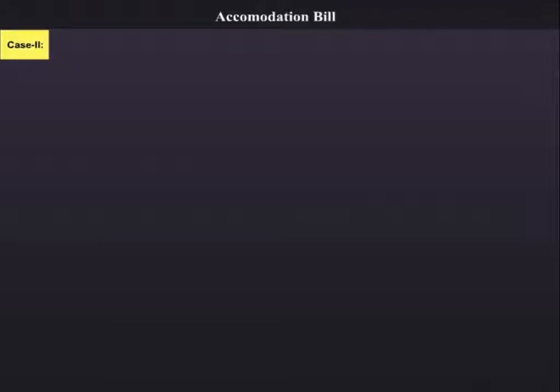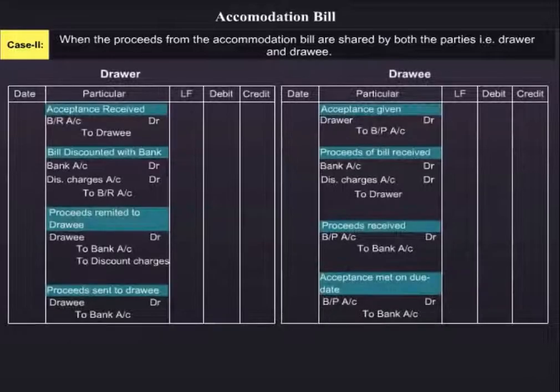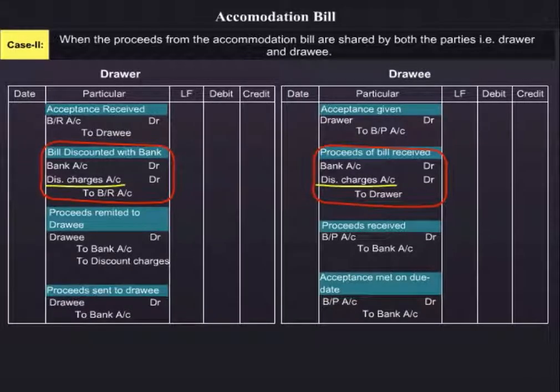Moving on to the second case, here the bill proceeds are shared by both the parties, that is, the borrower and the lender. Let's have a quick look at these entries. Again, you will observe that all the entries are same, except this one. Here we have debited discounting charges in the two books.